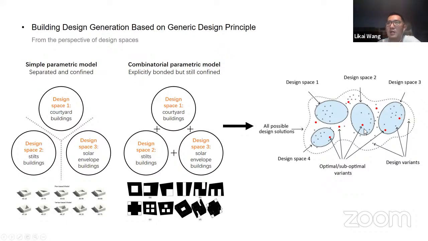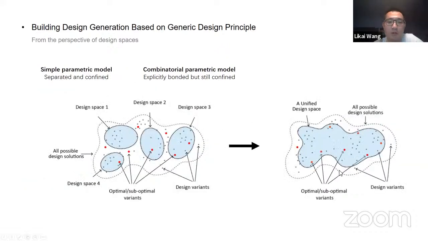The other types of design will be in the other design spaces. So the design optimization process cannot find all these promising solutions in one optimization process. If we want to address this problem, we need to combine and merge all these different design spaces into a large unified design space.